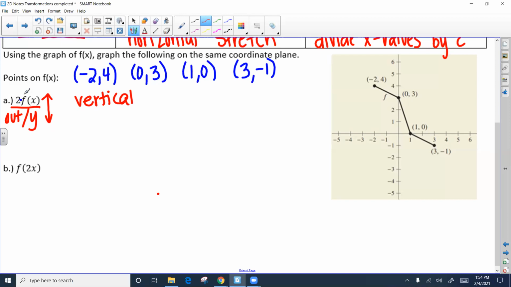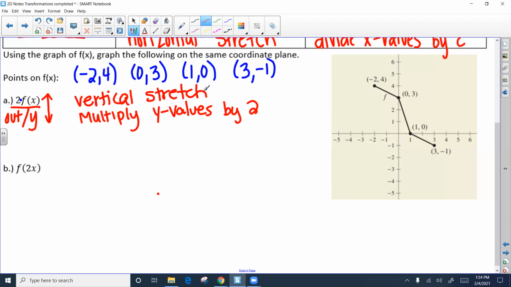When something's on the outside, I'm just going to do the operation I see. So I'm going to multiply y values by 2. That's going to make the y values bigger, which means this is going to be a vertical stretch.